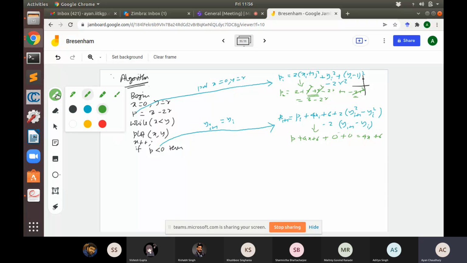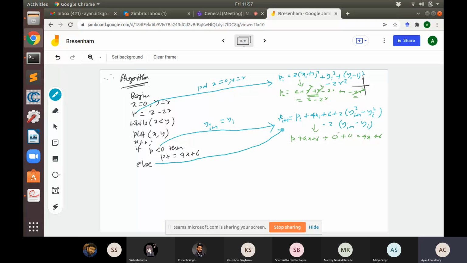That's it. So in this case, p is equal to p plus 4x plus 6.